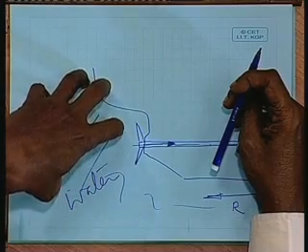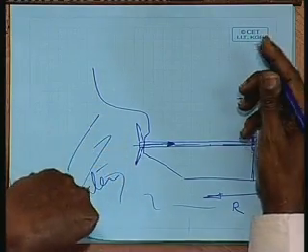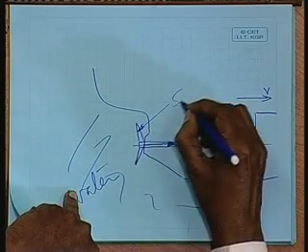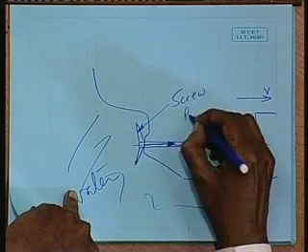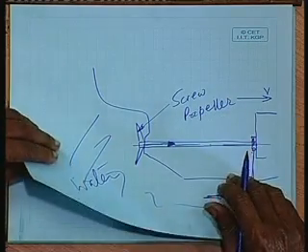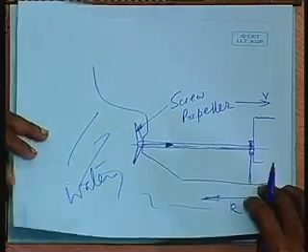A propeller blade surface, one of the surfaces, is a part of this screw surface, and that is why a propeller fitted behind a ship is called a screw propeller. So, this is called a screw propeller. Before we go further, it is necessary for us to understand the geometry of a propeller.